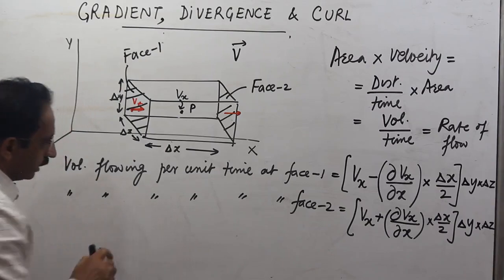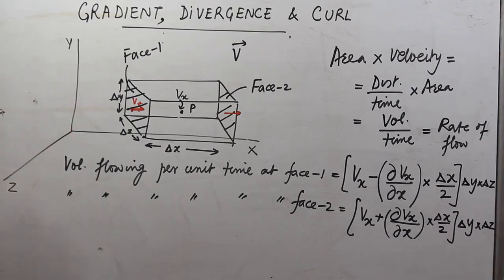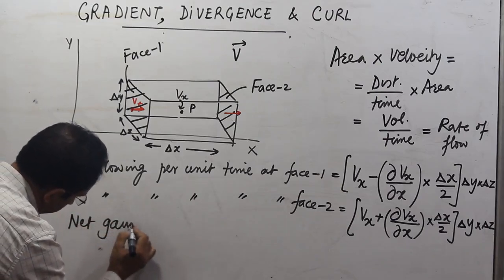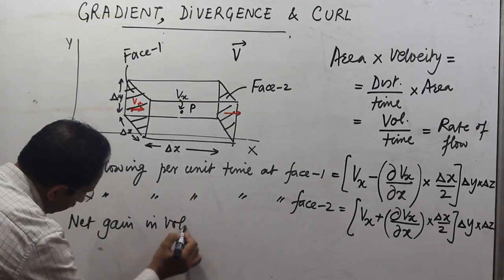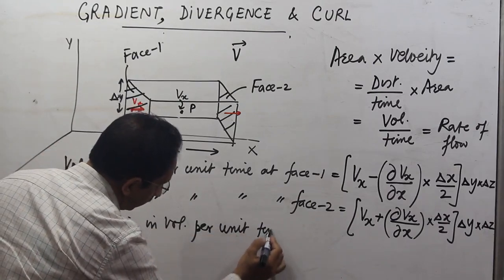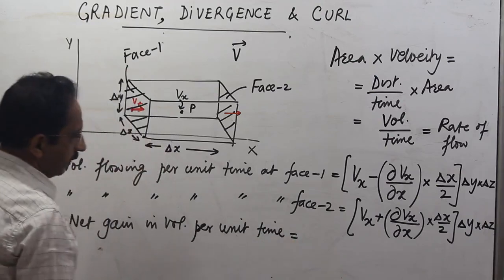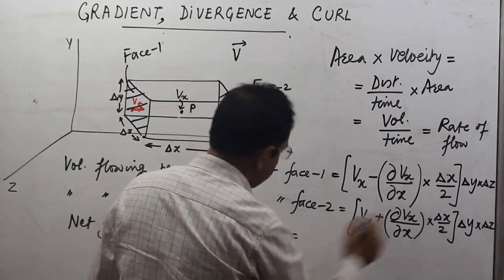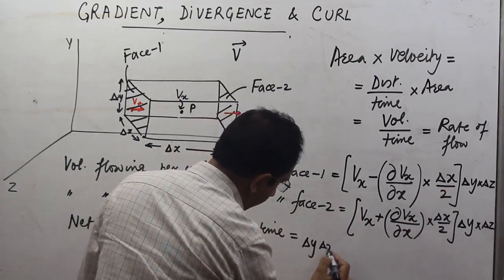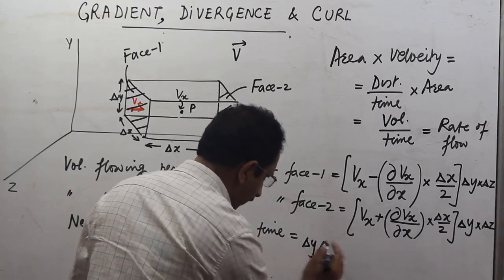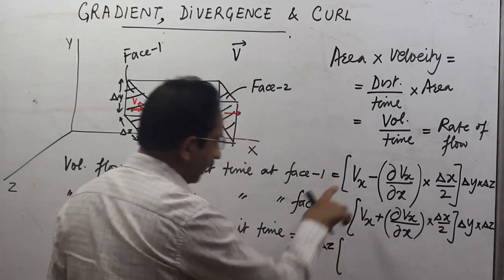So if I have to calculate how much would be the net gain in volume per unit time, it will be the difference of these two. When you take their difference, you can take delta y, delta z common. From that you subtract these two.